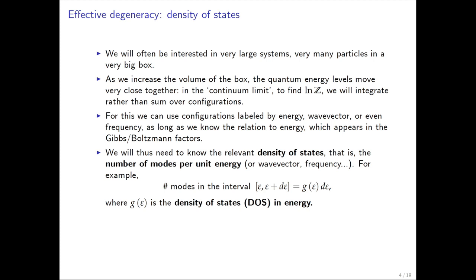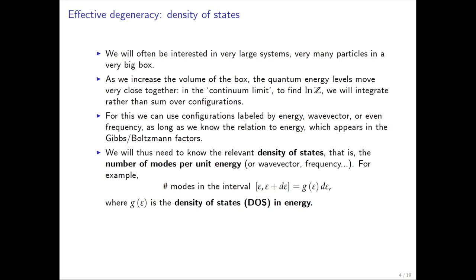For example, this will be the number of modes if we consider an interval that spans epsilon to some epsilon plus d epsilon. Then the number of modes will be this density of states that we'll call G, to be sort of analogous to the degeneracy we discussed before.